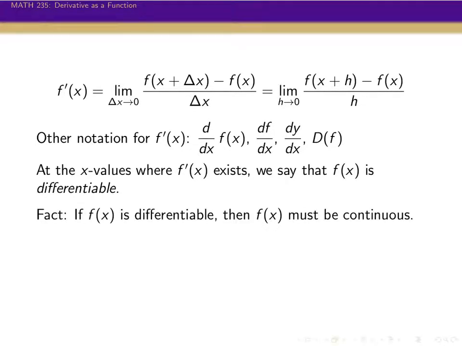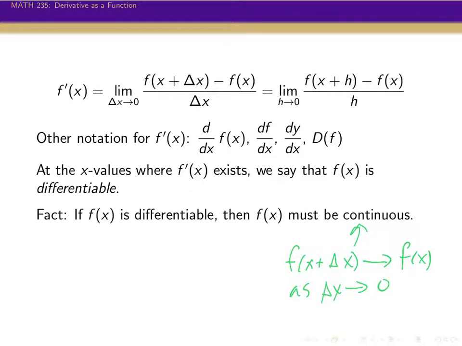It turns out that if you're differentiable, then you have to be continuous at that point as well. That's really coming from looking at this limit definition. Being continuous is the same thing as saying that f of x plus delta x goes to f of x as delta x goes to 0.